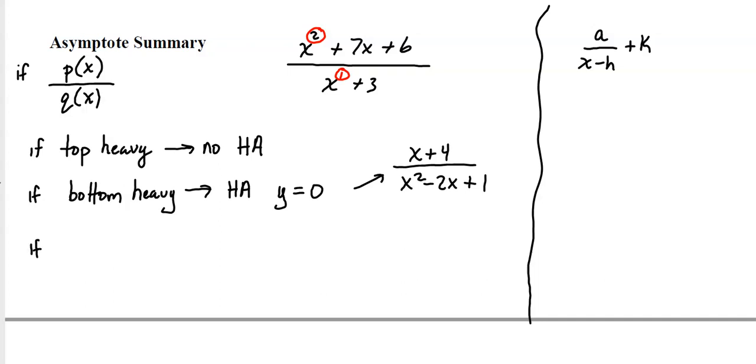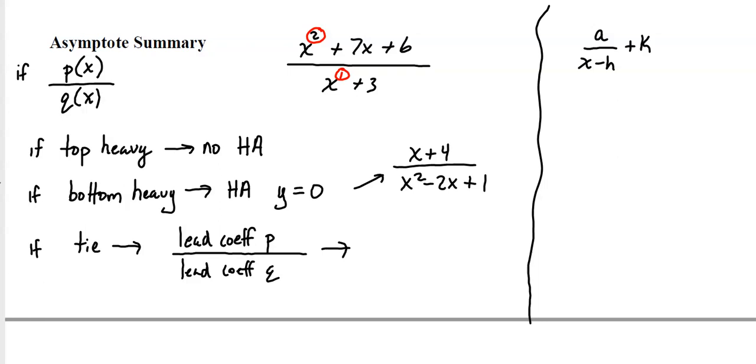And then if there's a tie, all right, if there's a tie, then it's going to be the leading coefficient of P over the lead coefficient of Q. So let's say that we have an example where we have, I don't know, 3x squared plus 4x minus 5, and on bottom we just have x squared plus 2x minus 1.